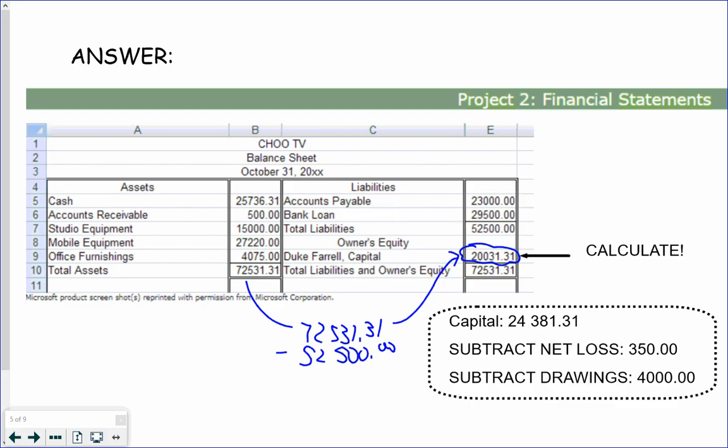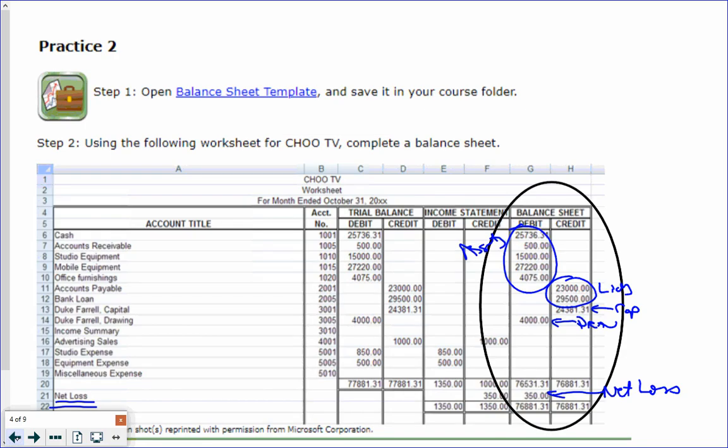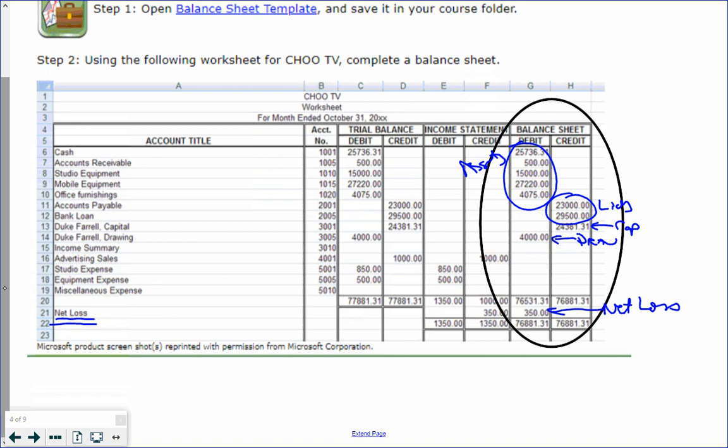Option number two is to use the numbers off the table. So option number two is you would take the capital, 24,381.31, minus the drawings. Now, because it is a net loss, you would also minus 350.